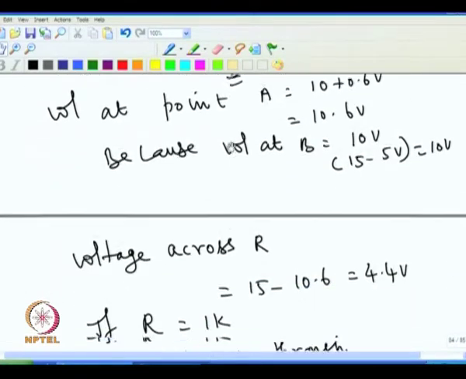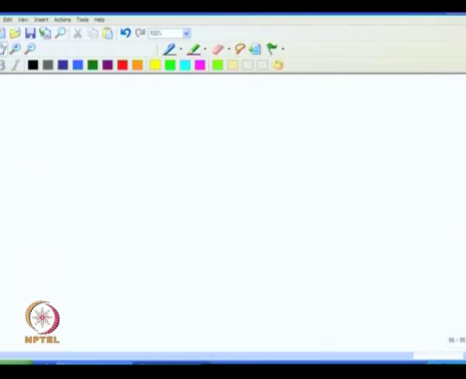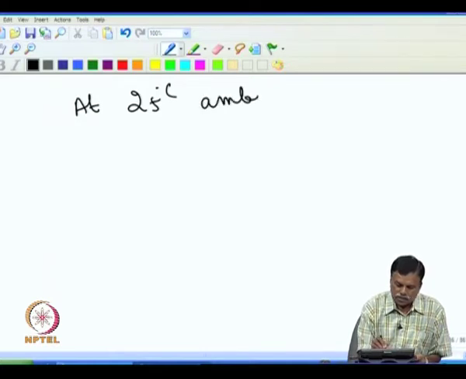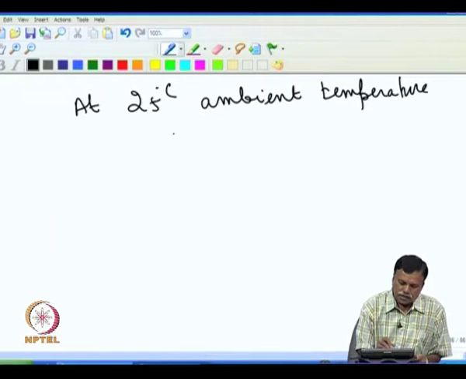Now assume that this 4.4 milliampere is at 25 degree C ambient temperature, so at 25 degree C, I is equal to 4.4 milliamps.